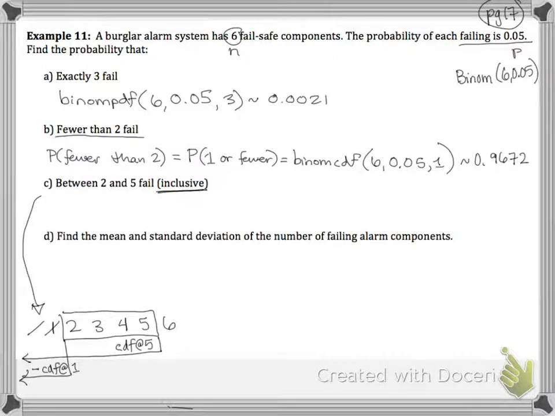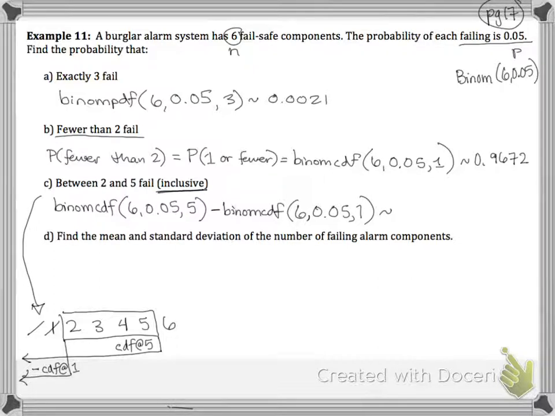So let's set this up in one line. We have 6 fail-safe components, 5% chance they don't work, and in this case we're going to start with 5 because that gives us 5, 4, 3, 2, 1, 0. And then we're going to take the binom CDF and we're going to subtract the CDF at 1 because that takes away 1 and 0.